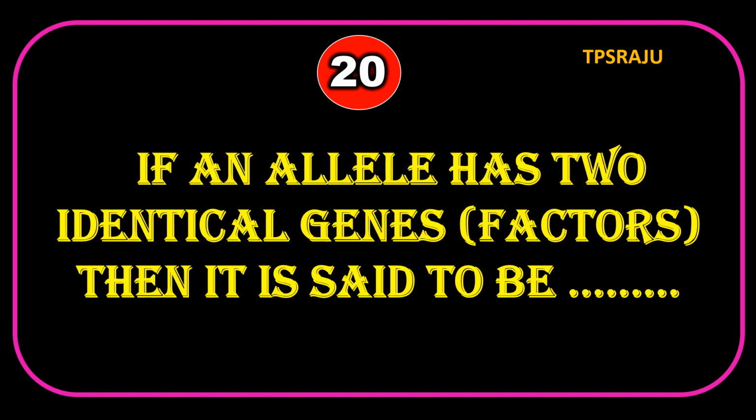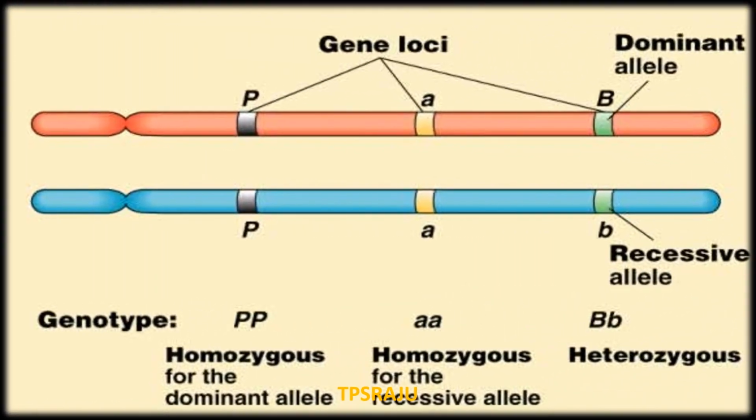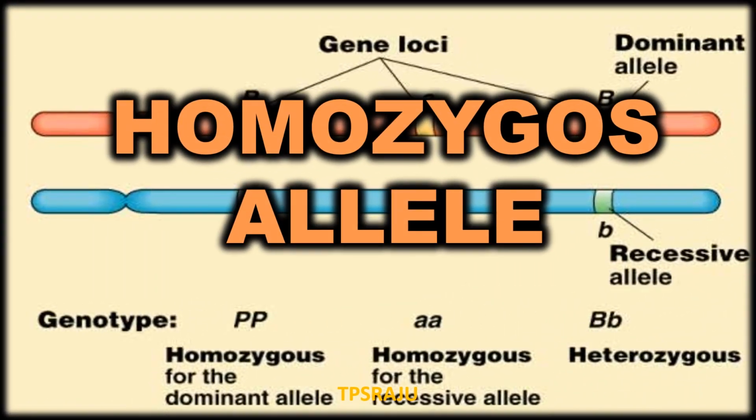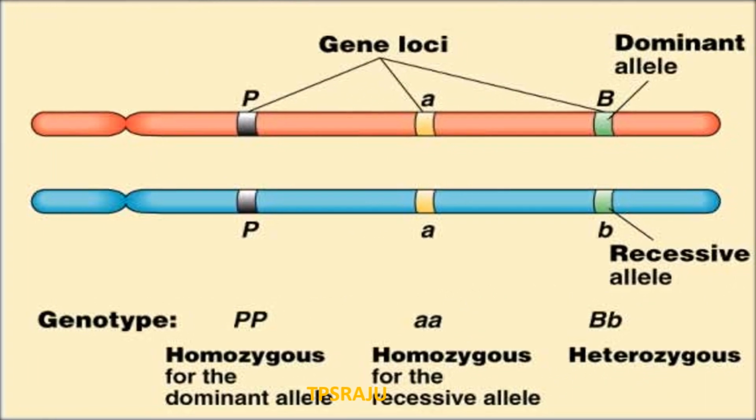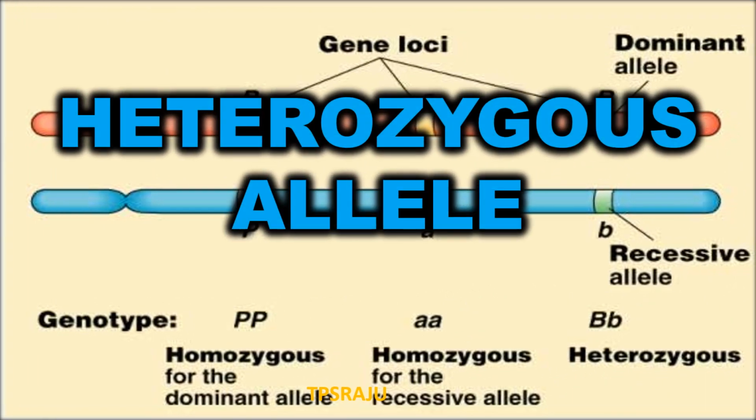If an allele has two identical genes, then it is said to be a homozygous allele. If an allele has two different genes, then it is said to be a heterozygous allele.